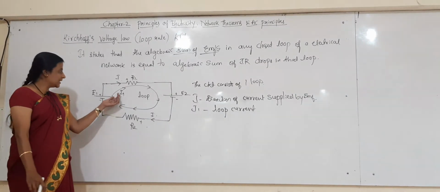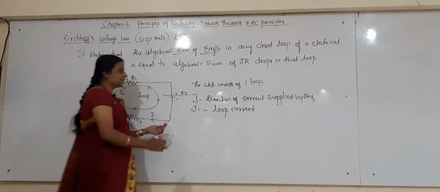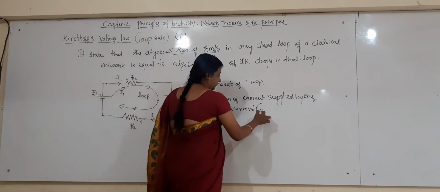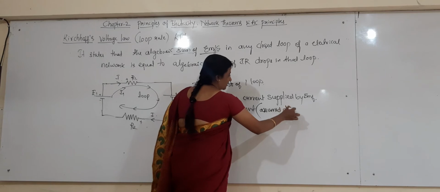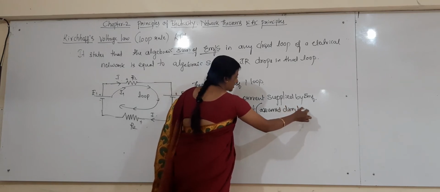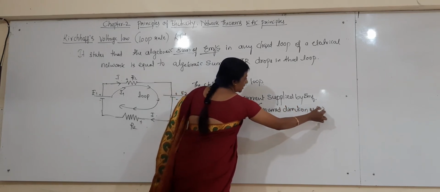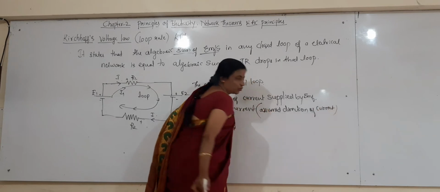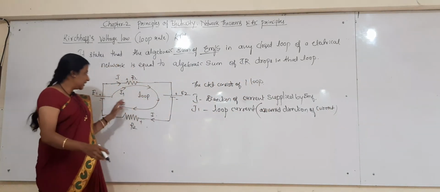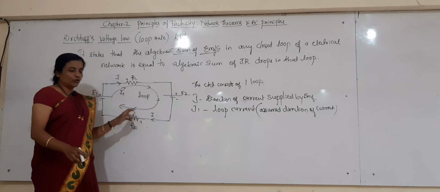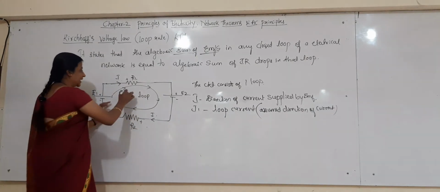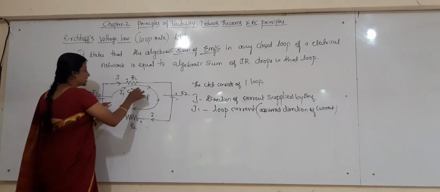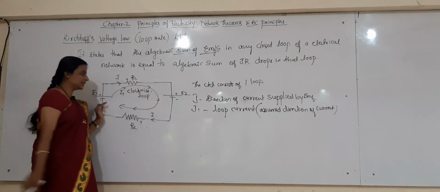So this loop current is an assumed direction of current for our convenience. We assume one more current, that is the loop current, which flows in a clockwise direction.